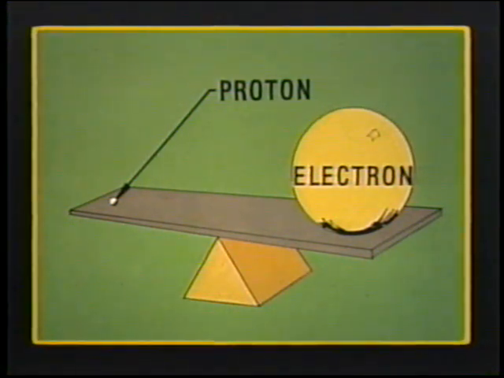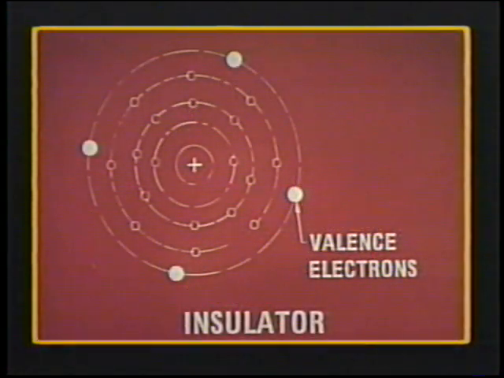The mass, however, of the proton is 1,847 times that of the electron. So obviously, for the same charge, the electron is much larger. Different materials have differing numbers of protons, neutrons, and electrons in their atoms.